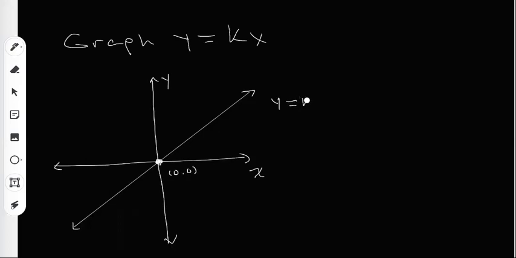So the graph of y equals kx is always going to be a straight line. Now, in this case, y equals 1x, or we can call that y equals x.